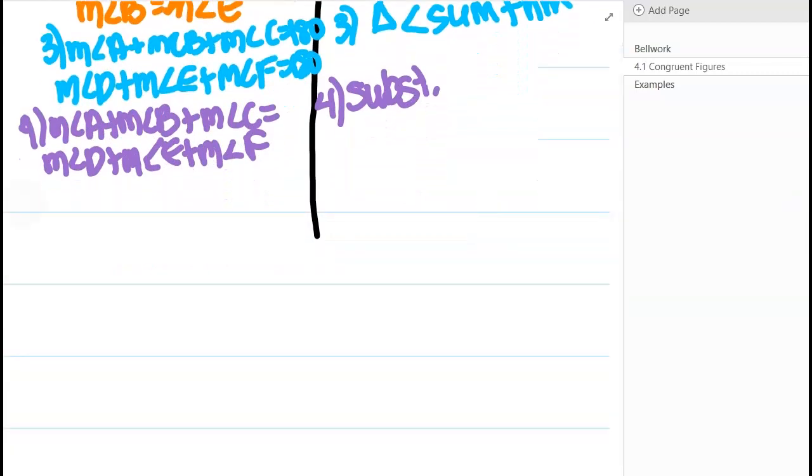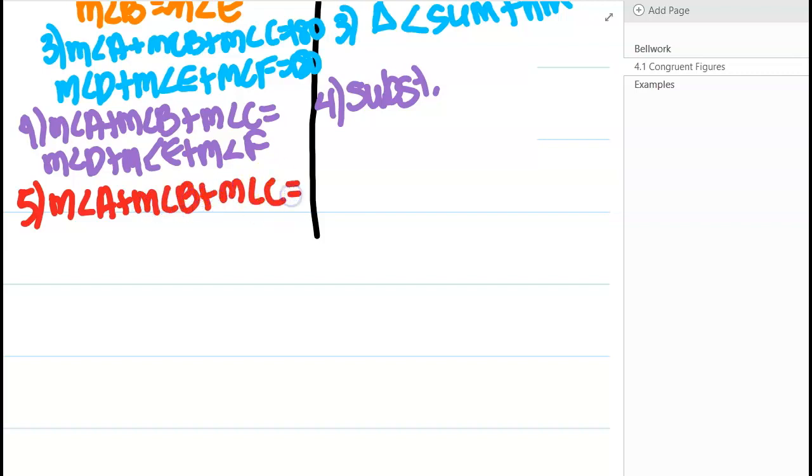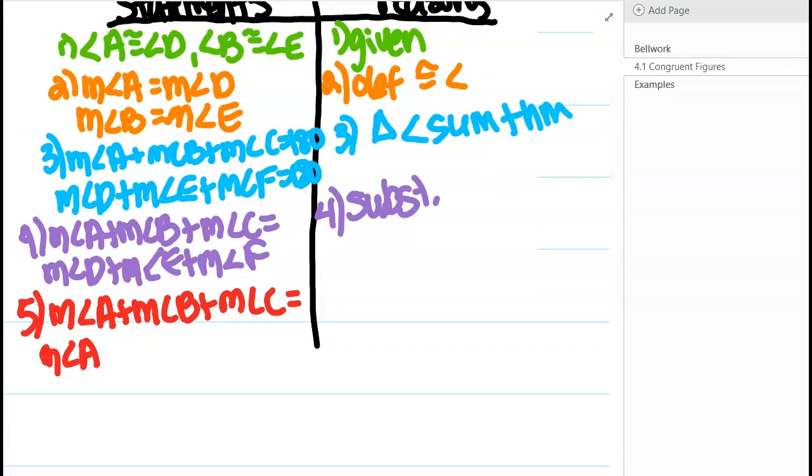Okay? Let's leave step 5, let's leave the first one the same. Measure of angle A plus the measure of angle B plus the measure of angle C equals. Now, instead of D, let's substitute the measure of angle A in for the measure of angle D. And I can do that because remember, the measure of angle A and the measure of angle D are the same thing.